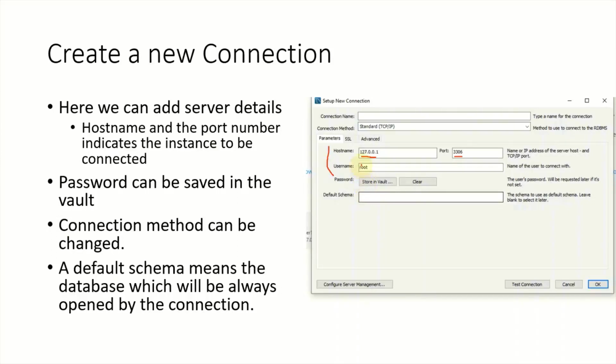Then we can change the connection method here, give a name to the connection here, and also assign or import a default schema. This schema will always be available for this connection. Once you type all these things, you can check the connection with test connection, and the connection can be created by clicking the OK button.